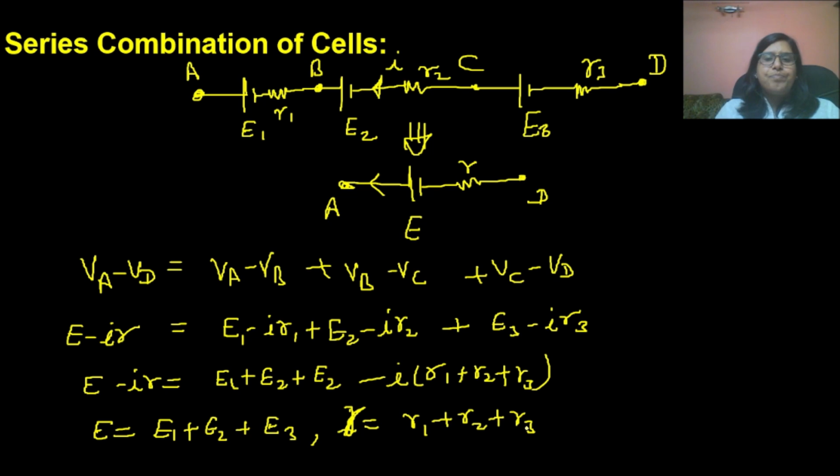That means the equivalent EMF for a series combination will be the algebraic sum, and the equivalent resistance will be the sum of all resistors, internal resistors, right? Whenever you find internal resistance, you can simply add. Whenever you find net EMF for a series combination, you will put the values with sign.